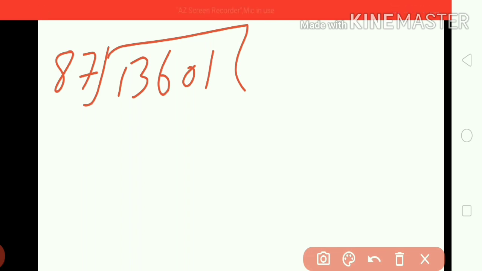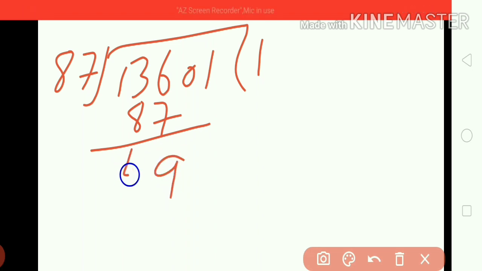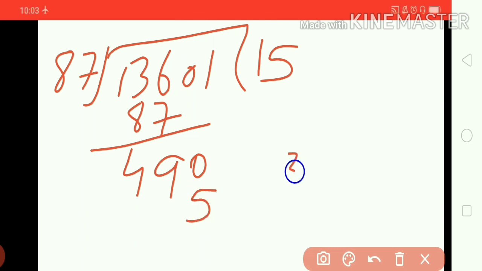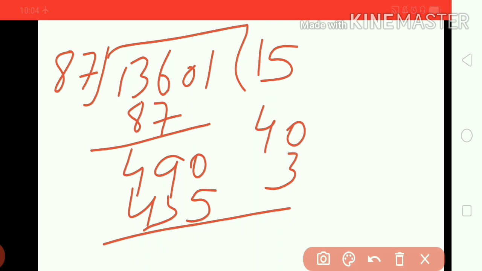So it goes 1, and 16 minus 7 is 9, 12 minus 8 is 4, 0 will be brought forward. Now it goes 4, 5, okay, it goes 5, 5 7s are 35, carrying 3, 5 8s are 40, and 3 is 43. So 10 minus 5 is 5, 8 minus 3 is 5.